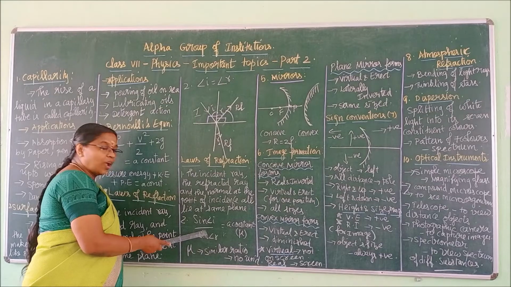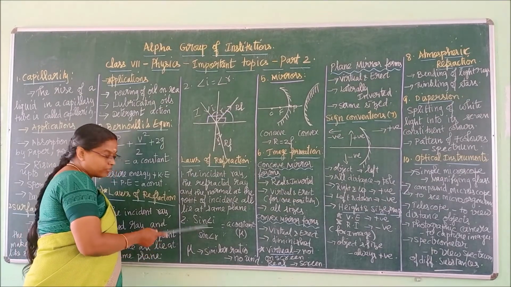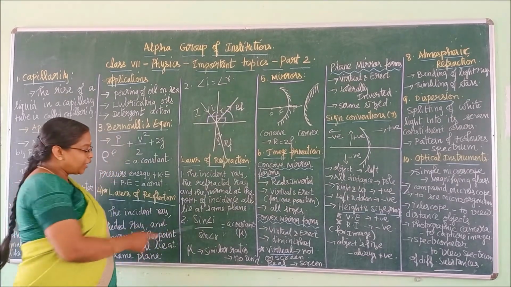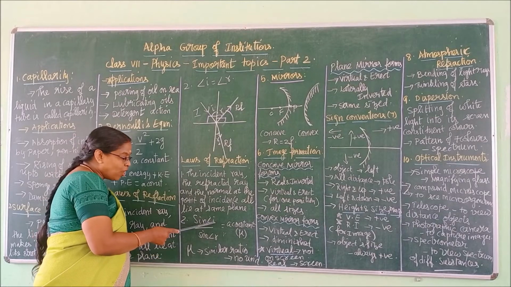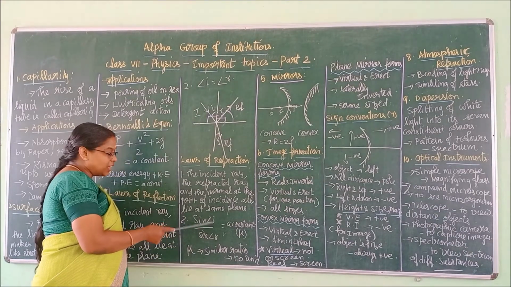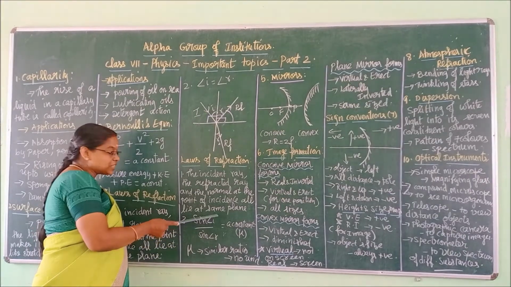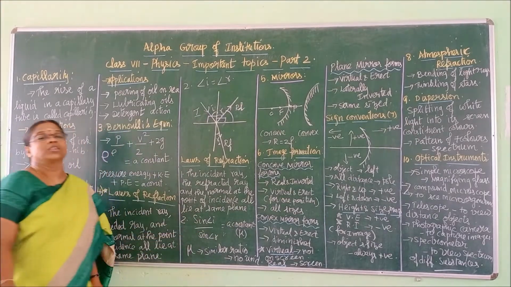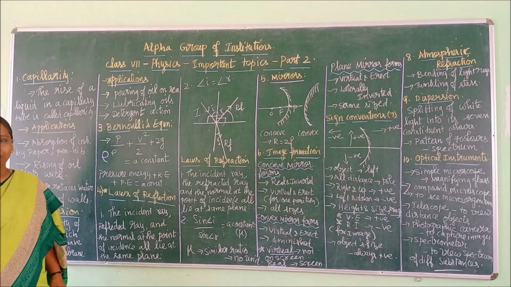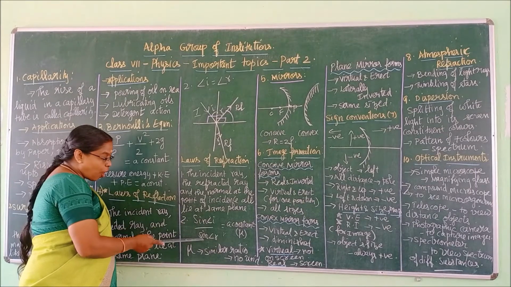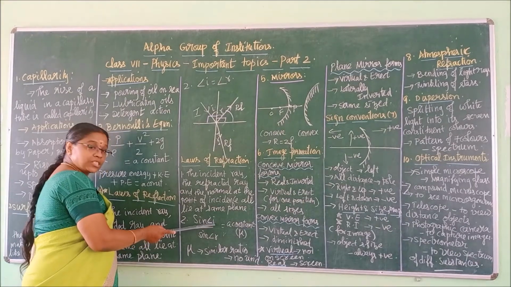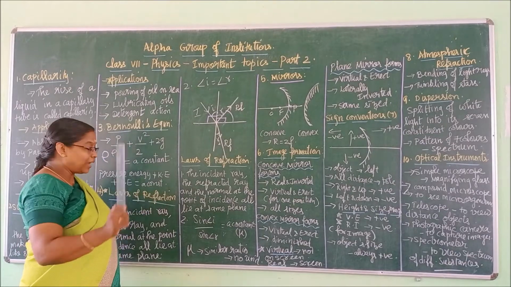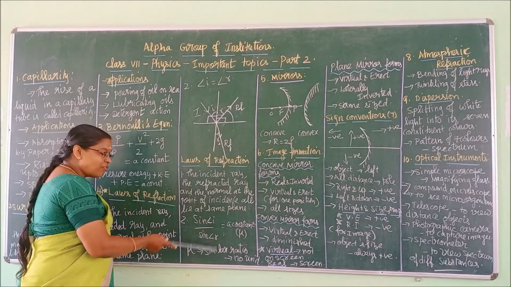What is the second point? The ratio of, ratio means division, the ratio of the sine of the angle of incidence to the sine of the angle of refraction is equal to a constant. I missed one word actually.